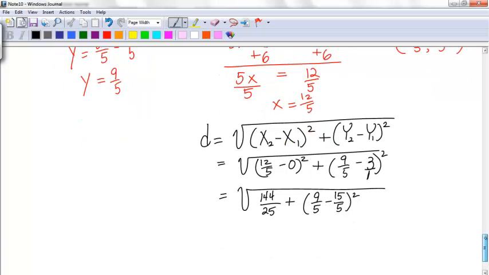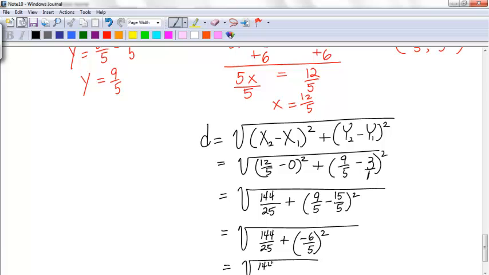So 9/5 minus 15/5 would be plus negative 6/5 squared. What's negative 6 squared? 36. So I've got 144/25 plus 36/25, and 5 squared is 25. Then keep going. 144 plus 36 is 180 over 25.